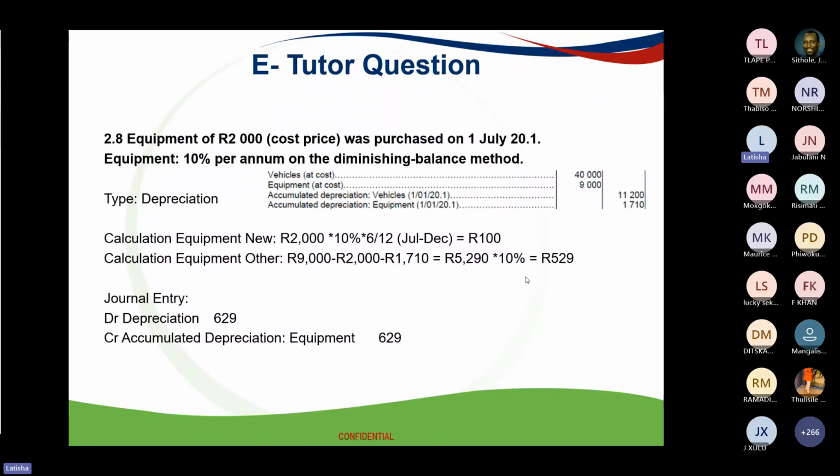But because there's still equipment bought, if I understand the question correctly, you were just trying to understand if it was on the straight line method, could we then just do one calculation and not two separate? But I think it's important because the equipment that was bought during the year is only for half of the year. There would still need to be two calculations.